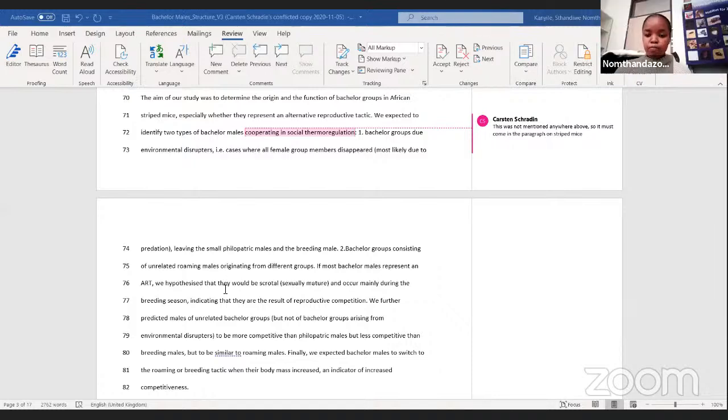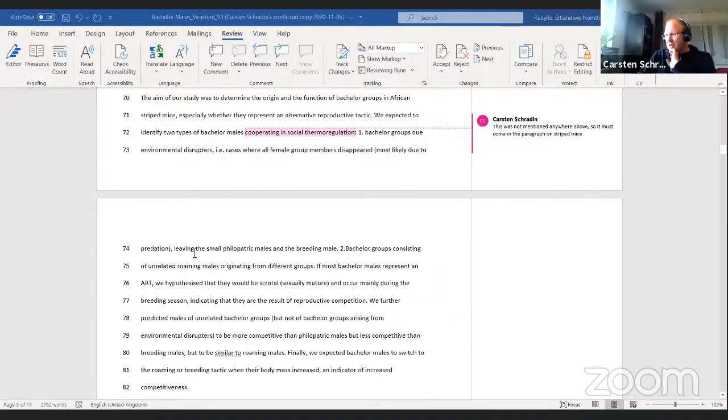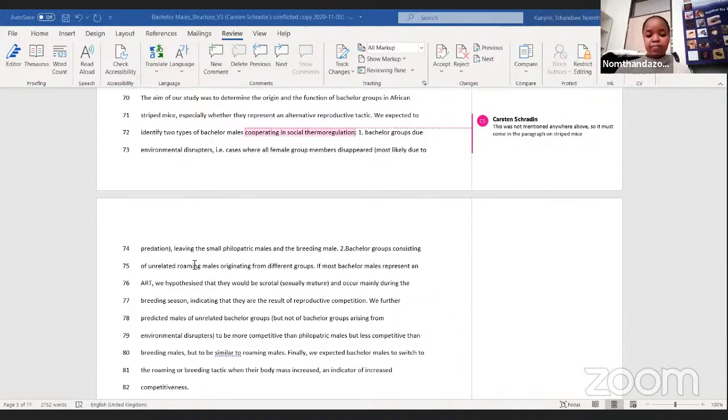I don't know why I changed this, but instead of saying to be more competitive, and this is true for all the studies, we should mention what we really measured, and what we measured was body mass. So instead of interpreting the results, one should state what we really did, and that was to measure body mass. We didn't measure competitiveness directly. And this will also be in this paragraph about arts that we just discussed.